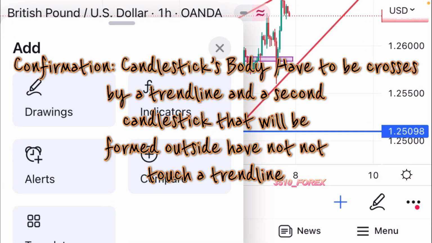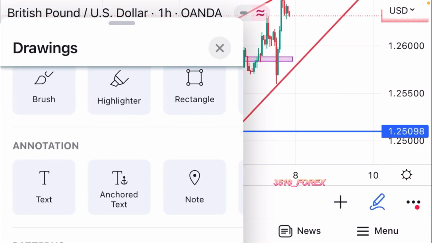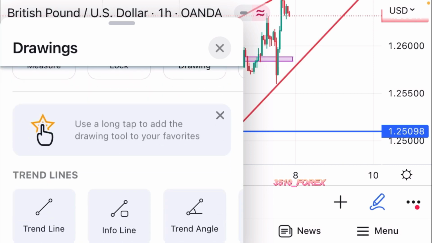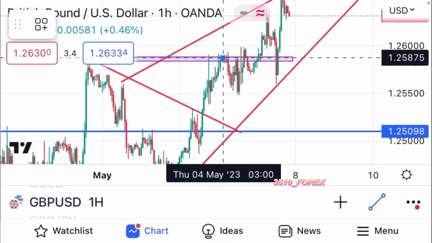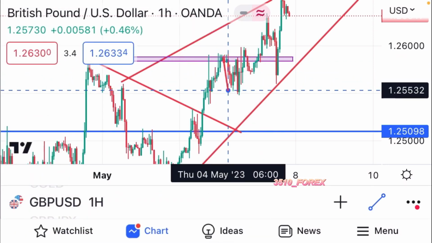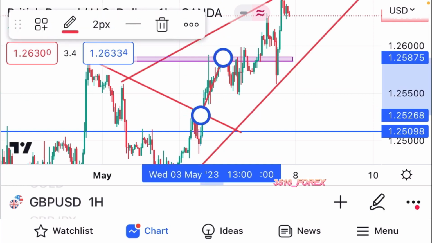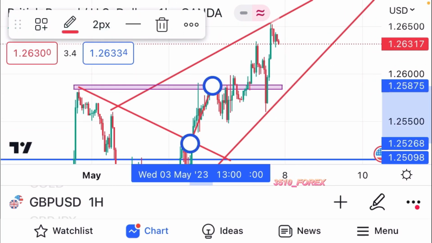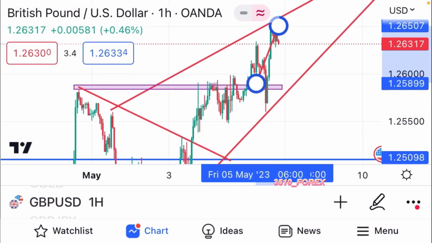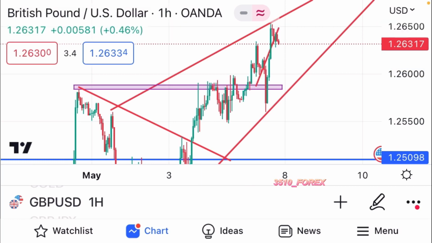So from our resistance to our confirmation, that is the distance that we will use. So from our resistance we had something like this.